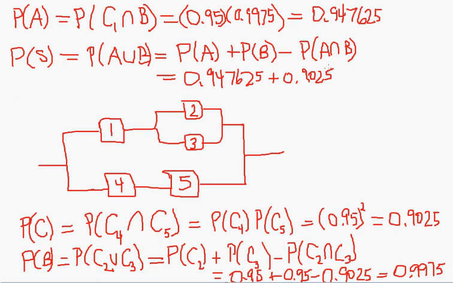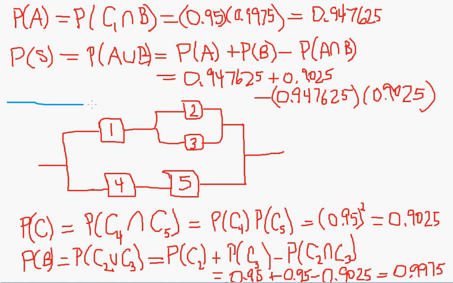And by independence, the probability that they both work is going to be the product of those two numbers. 0.947625 times 0.9025. So let me put a blue line here to make this a little bit easier to read.